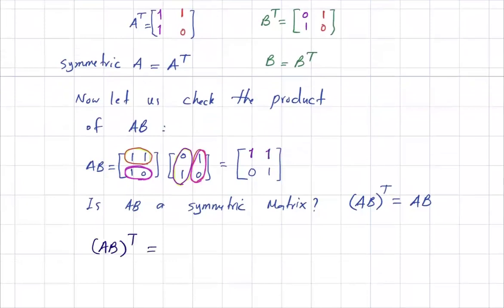We take the very first row and we set it as the first column, which is going to be 1 and 1. The second row becomes your second column, 0 and 1. But obviously, comparing these two matrices, they are not equal to each other.